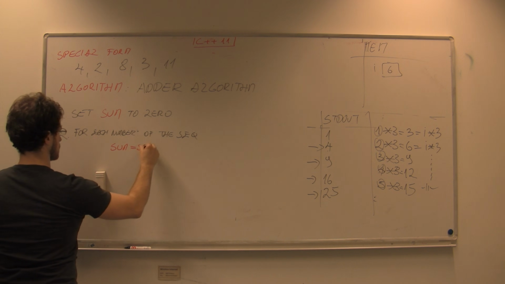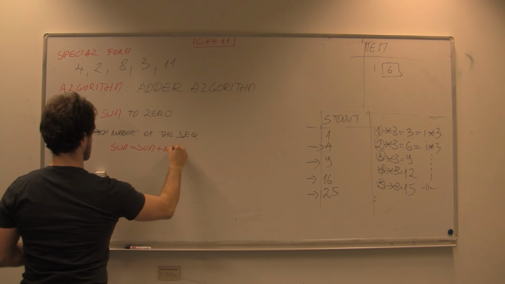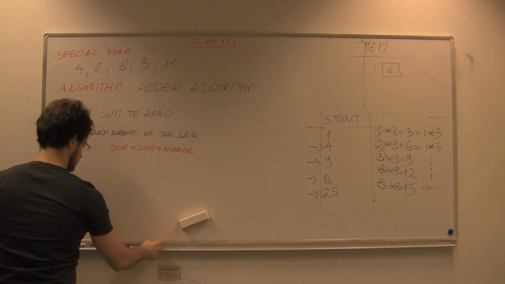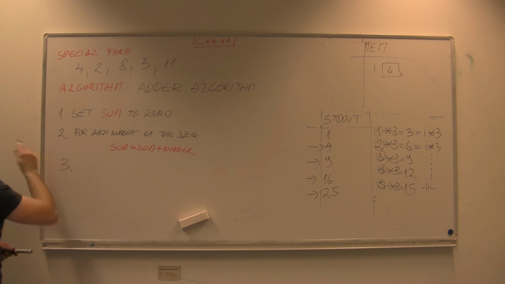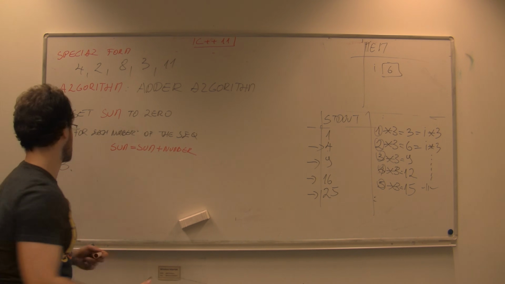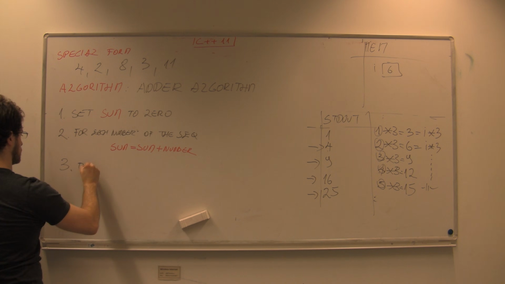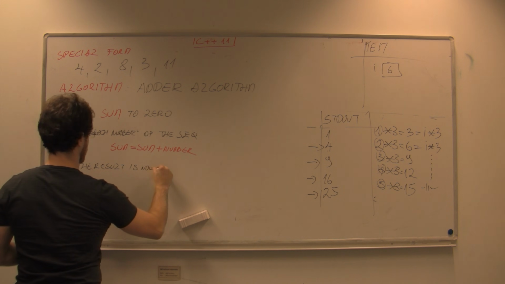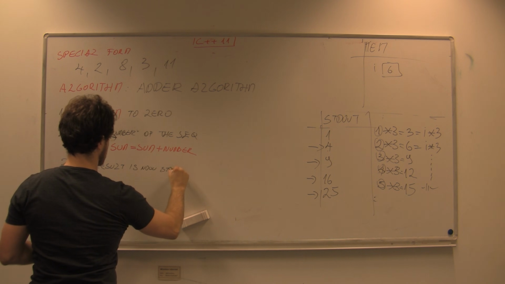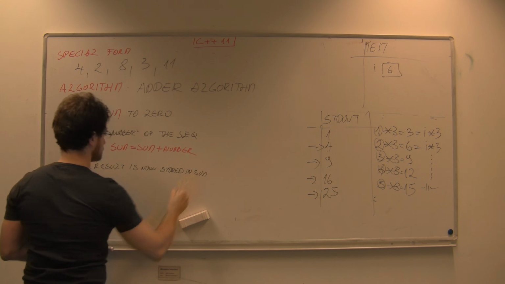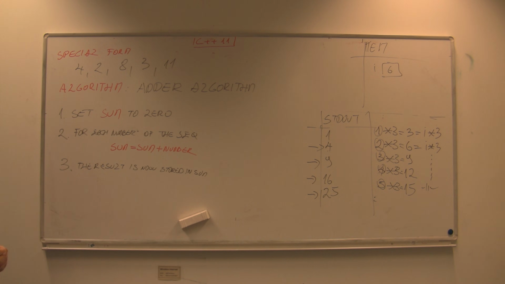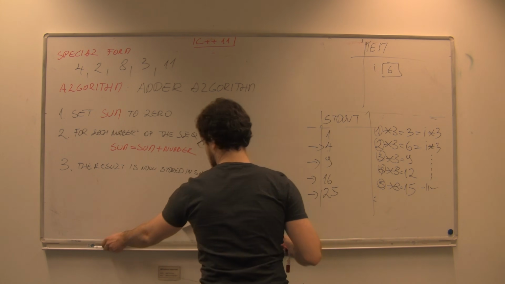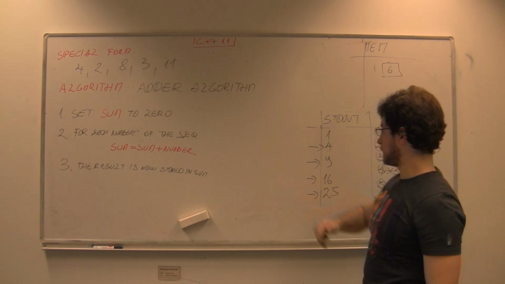Sum equals sum plus number. And finally, once we've exhausted the whole sequence, the result is now stored in sum. A simple algorithm, but extremely useful. Let's express this algorithm in C++.